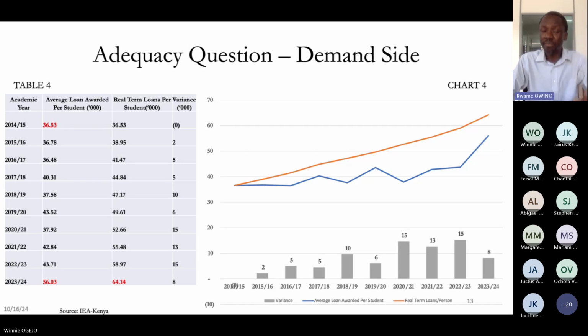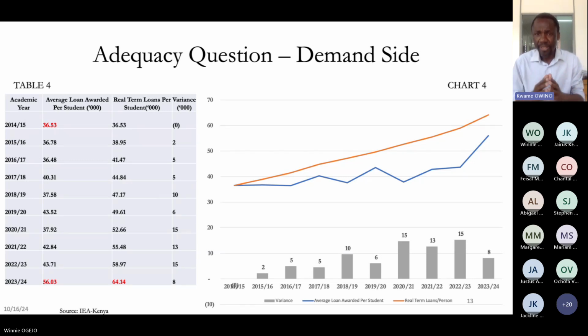Basically, by 2023 you need 64,000 shillings in 2023 money to buy the equivalent of 36,000 in 2014, showing you that there's a change of about 8,000 shillings per student between the average loan in 2014 and 2024. That's largely pressure from inflation, but also driven by the number of students in terms of the demand for it.